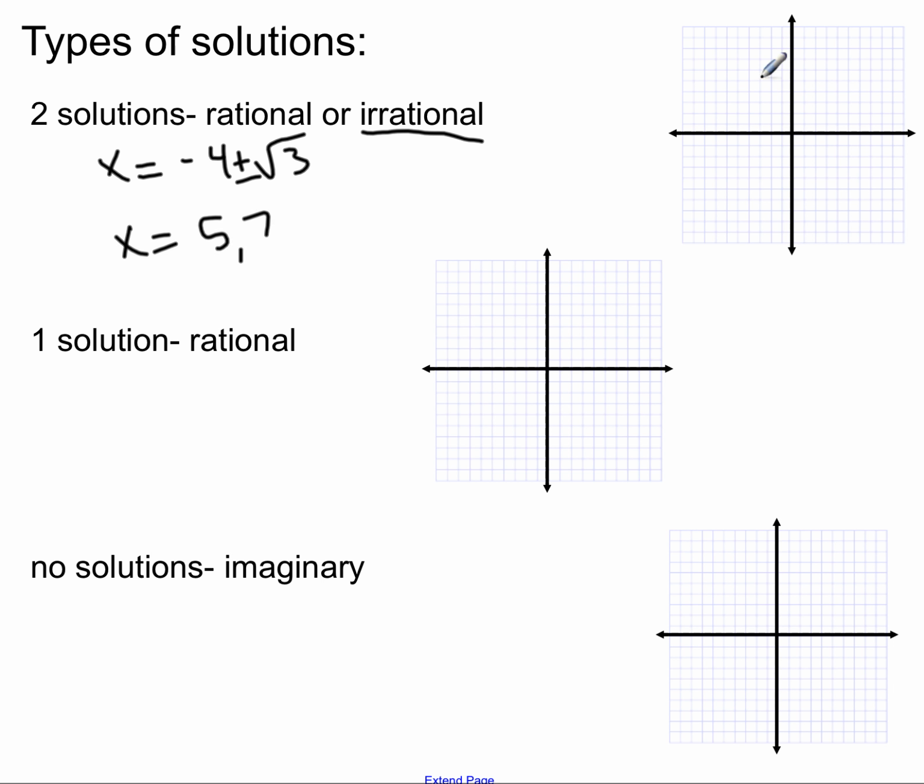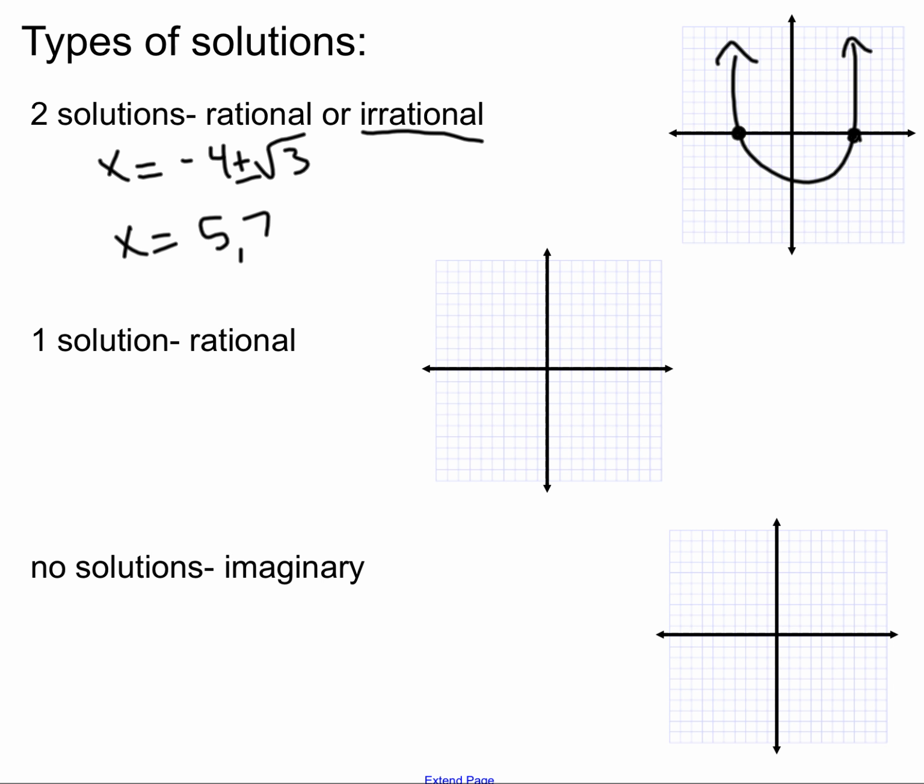What that means is you're going to have a parabola that crosses the x-axis at 2 points. If they are rational, they're going to cross right at a perfect integer. If they're irrational, they're going to cross somewhere in the middle because they're going to be a decimal.